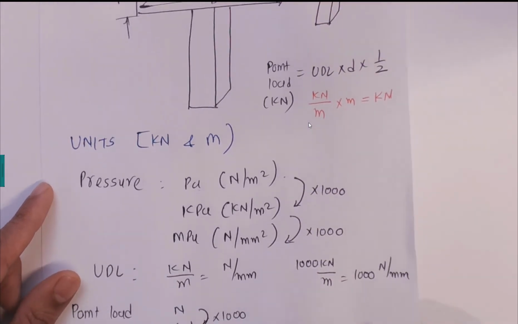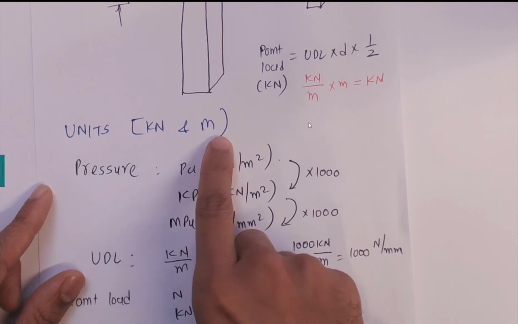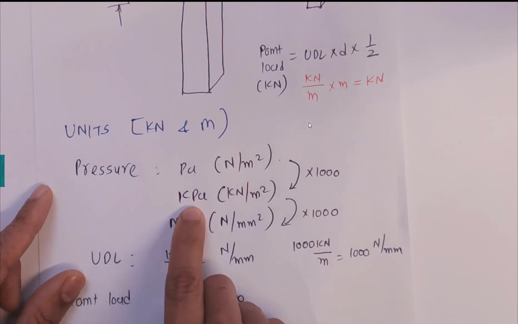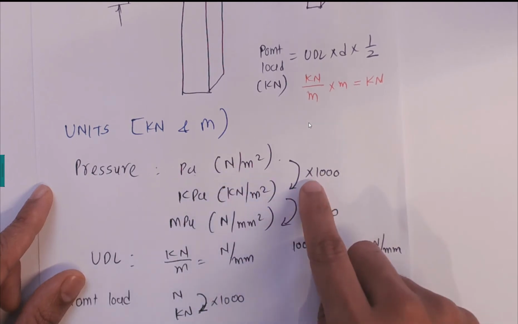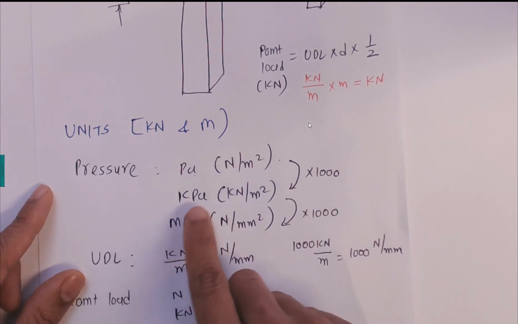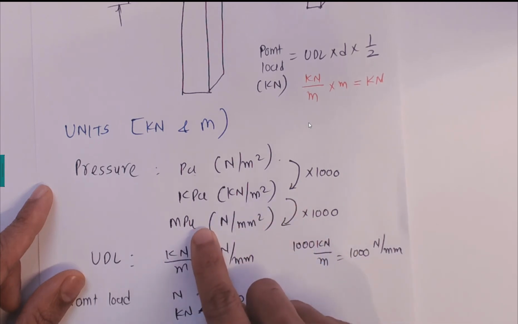Unit wise, the Australian standard mostly gives units of kilonewton and meter. Mostly the pressure will be given in kilopascals. Pascals are converted into kilopascals with a 1000 multiplication, and there is another 1000 multiplication to get megapascals.